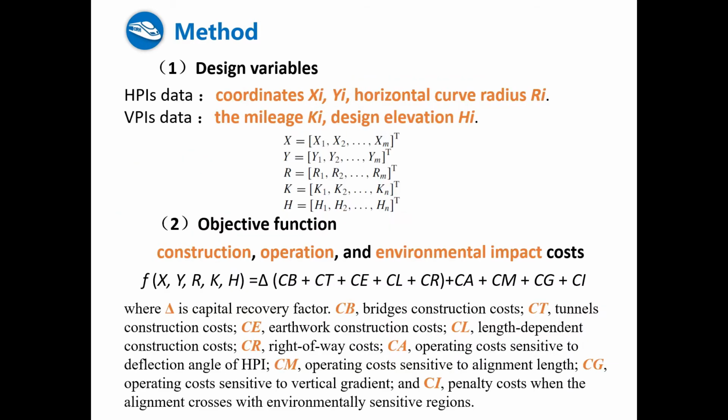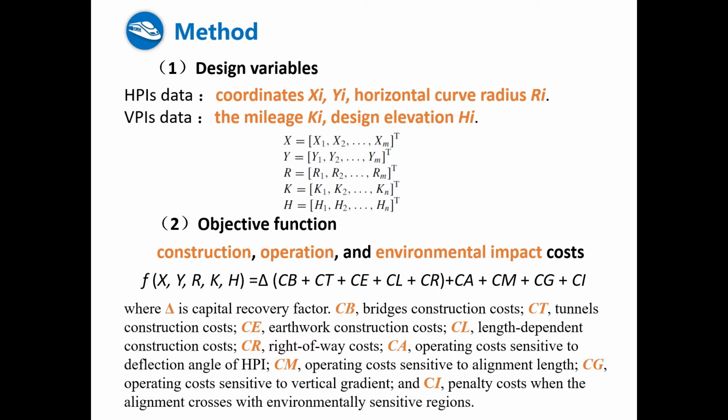For railway alignment design, the design variables mainly refer to a series of geometric variables, that is, the coordinates of the horizontal point of intersection, the horizontal radius of each horizontal point of intersection, and the mileage, or more specifically, the station of each vertical point of intersection, and the design elevation of each vertical point of intersection.